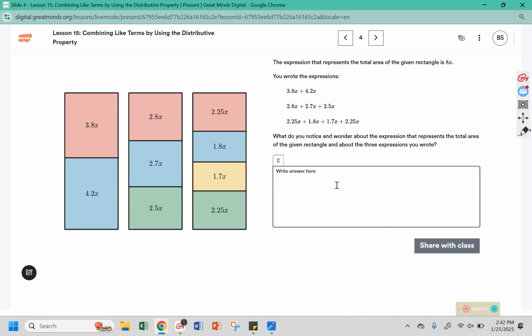What do you notice and what do you wonder about the expressions that represent the total area of the given rectangle and about the three expressions you wrote? If I were to combine 3.8 and 4.2, would that give me 8x?